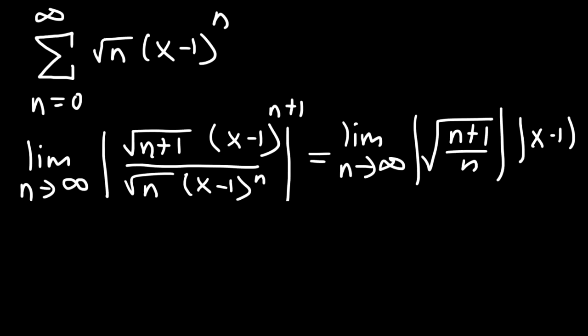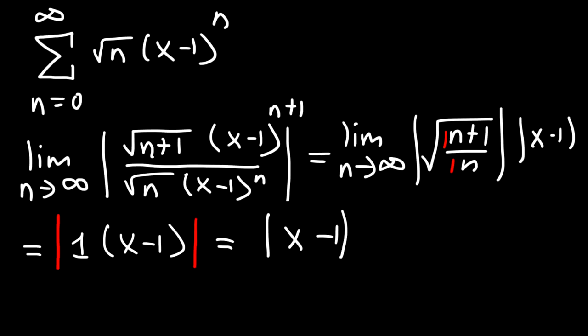When n becomes very large, the 1 becomes insignificant. So you're going to get n over n, and so it's going to become 1. And the square root of 1 is 1. So we're going to have 1 times x minus 1. Now this is all still inside the absolute value expression, so we have the absolute value of x minus 1.